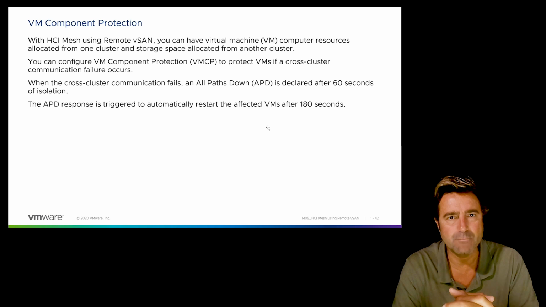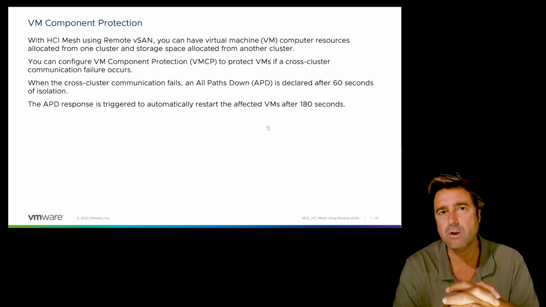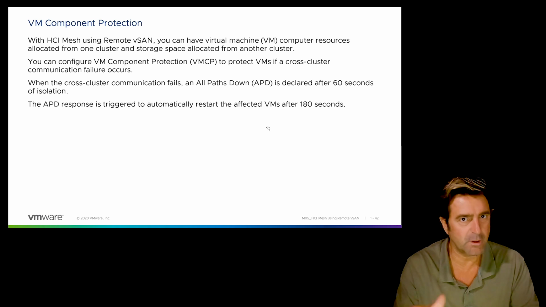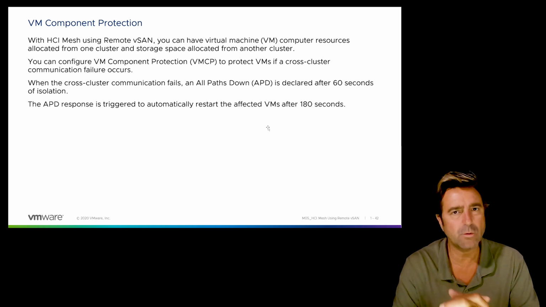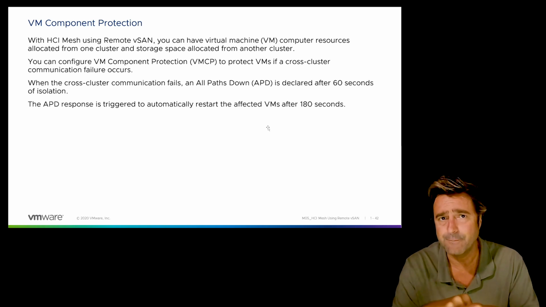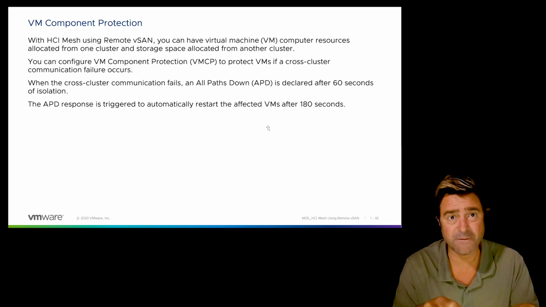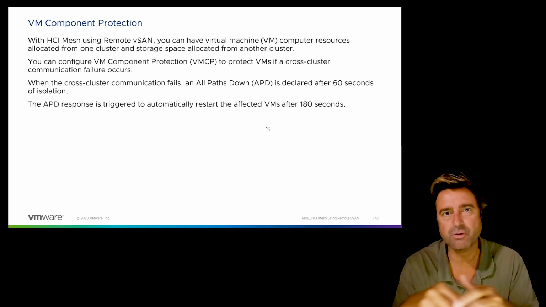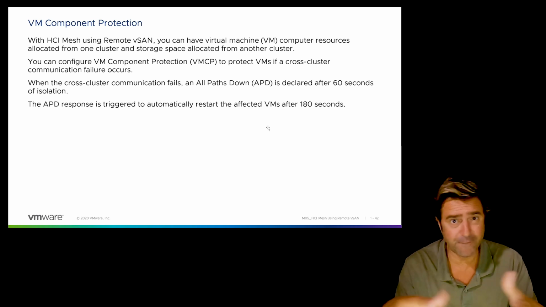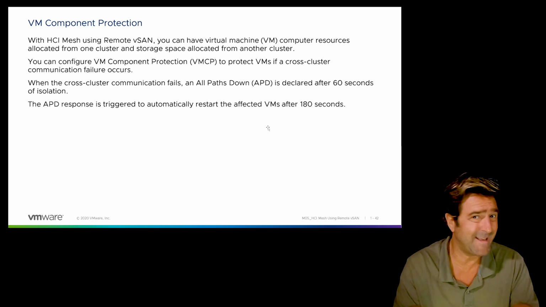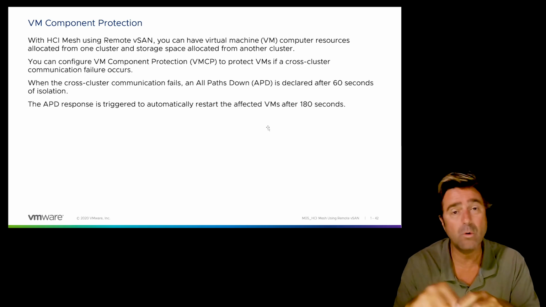So in this page, we know that when we build a vSAN cluster, we need HA. HA is in charge of restarting the VMs. Now, historically, we don't use VMCP with vSAN because typically this is for remote, external shared storage. Now, for the first time ever, we're talking about having a vSAN cluster with not only its own data store, but also a remote one.